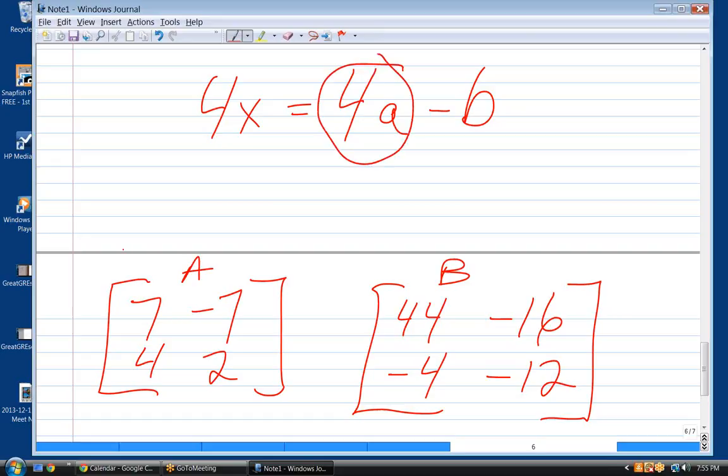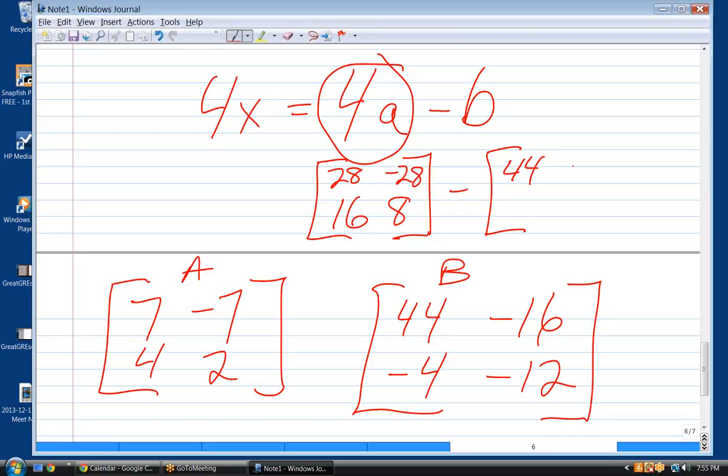So 4 times A would be 4 times every entry there: 28, negative 28, 16, 8. I'm just going to write B the same way it was, because now I'm going to subtract individual entries.